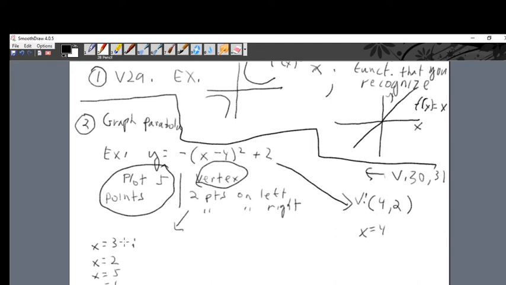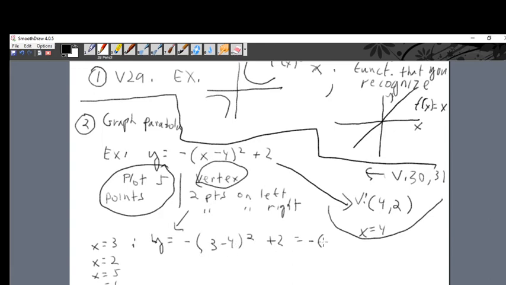But how do I get the y coordinate of x equals 3? Plug it in. That's all you got to do. So to get the y coordinate, y will be equal to minus, in this case 3, minus 4 squared plus 2. What's 3 minus 4?